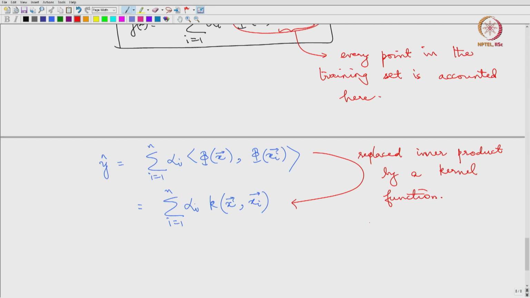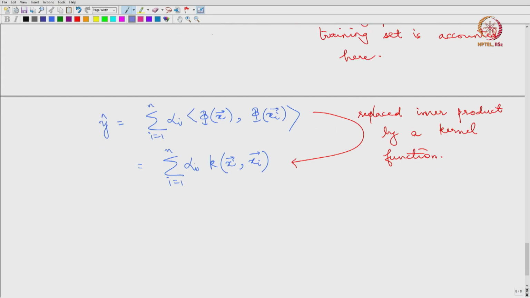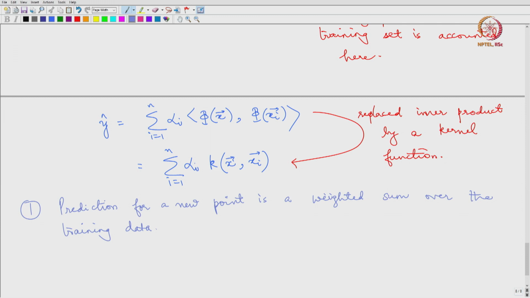Okay. So this is beautiful because there are two things that have happened here. The first is that your prediction for a new point is a weighted sum over the training data. Okay.